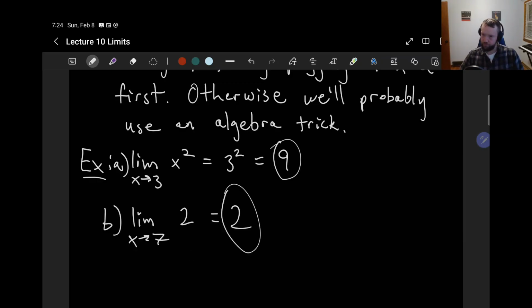It doesn't even depend on x at all. So x approaching 7 is somewhat irrelevant. Think of this as the horizontal line, y equals 2. It's just a flat horizontal line. No matter which x values you're approaching, you're always going towards the same height, that flat height of 2.